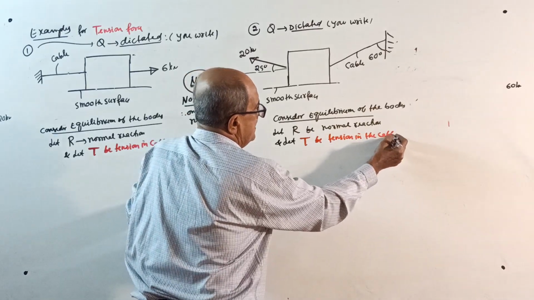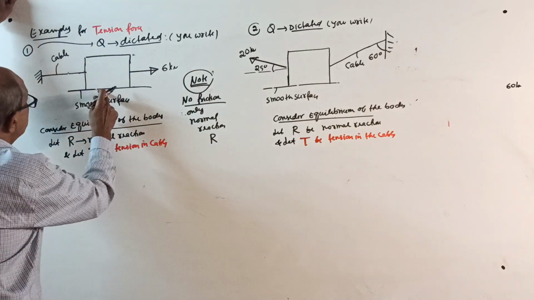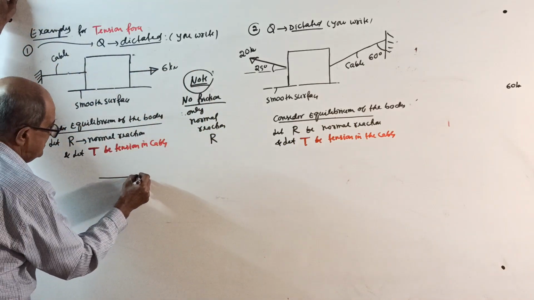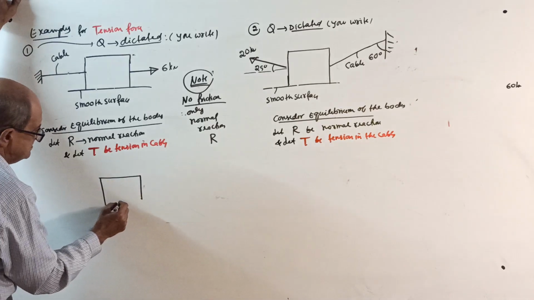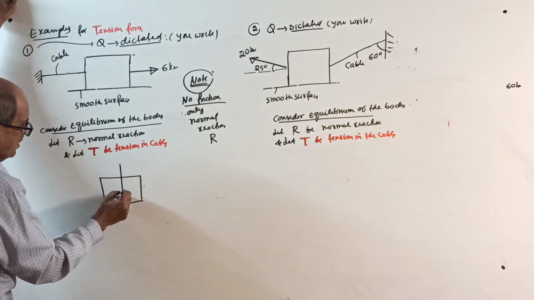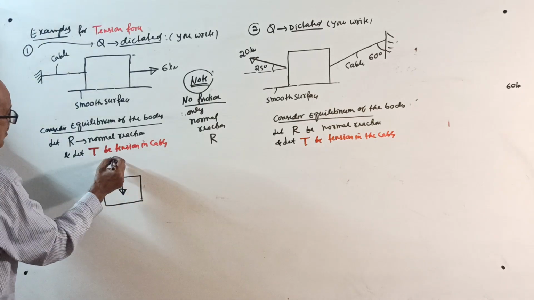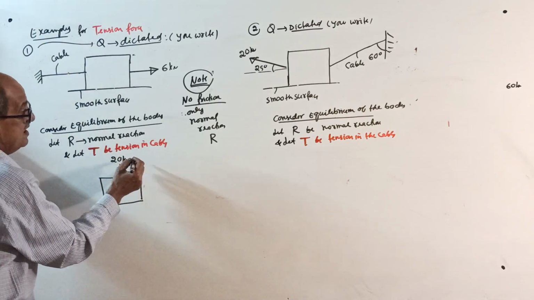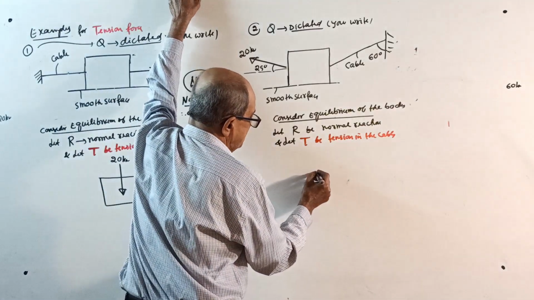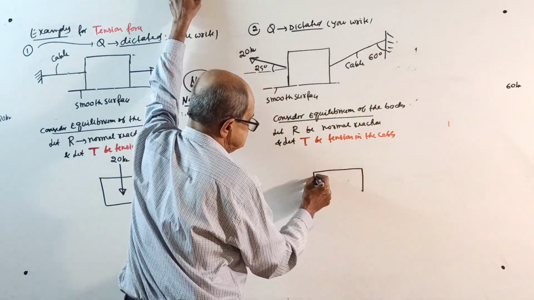Now consider the free body of the block. This is the free body of the block. Weight is acting down. How much weight acting down? 20 kilonewton, I told. Here also weight is acting down.